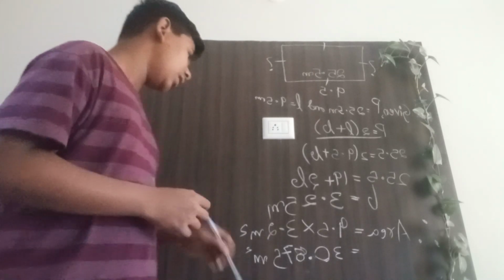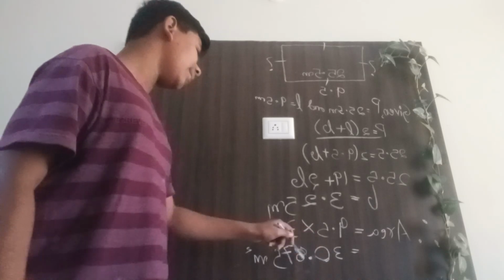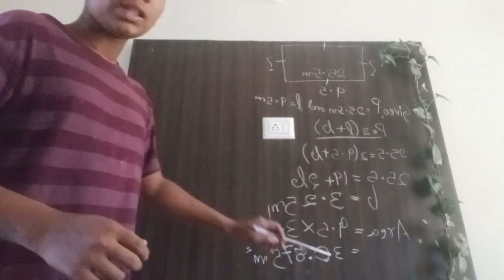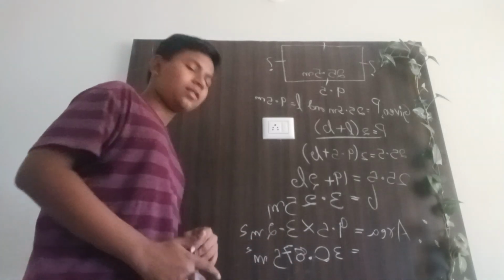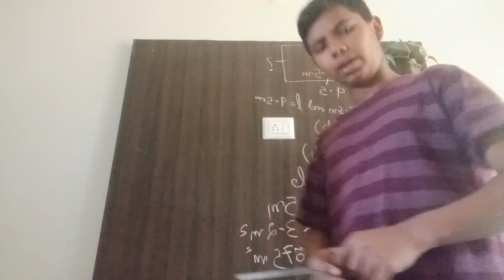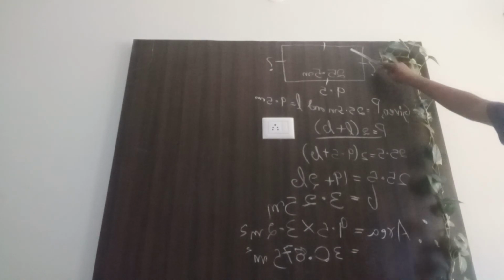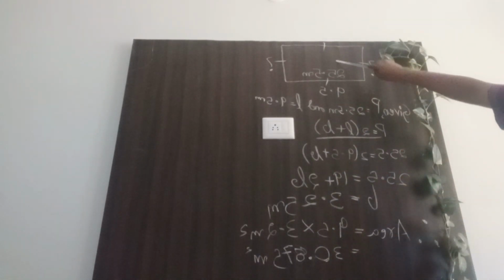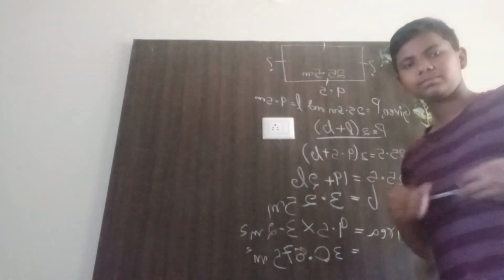We get the answer as 30.875 meter square. So this is how to solve a rectangle question. You can copy it down.